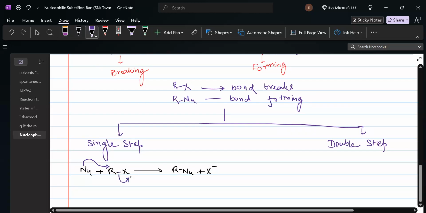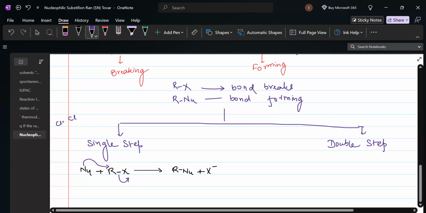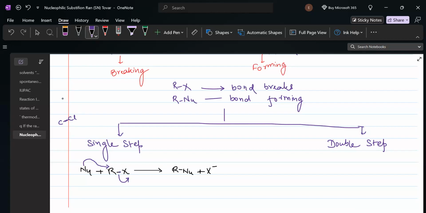Okay, that is why, for example, take this as chlorine. Take a real life example as chlorine. This is a carbon chlorine bond. So chlorine has 7 electrons in the valence shell. Do you know chlorine has 7 electrons in its valence shell?